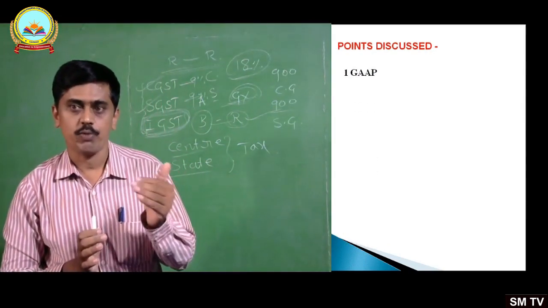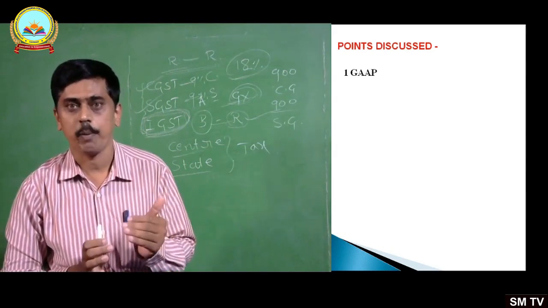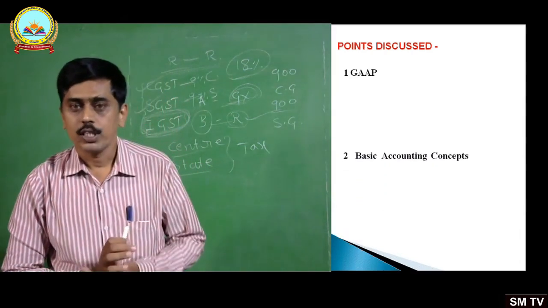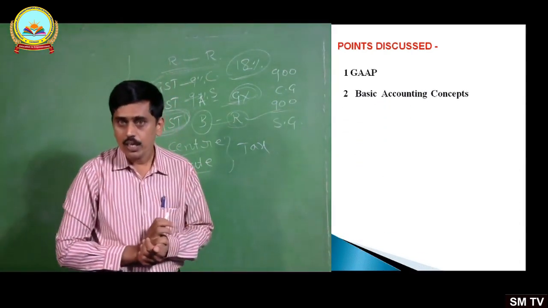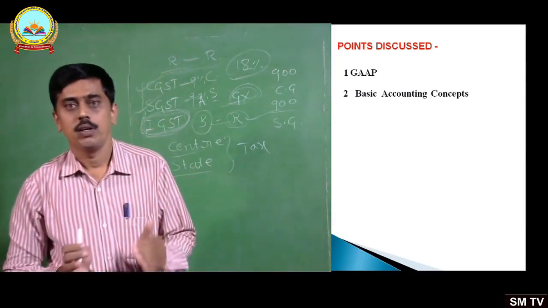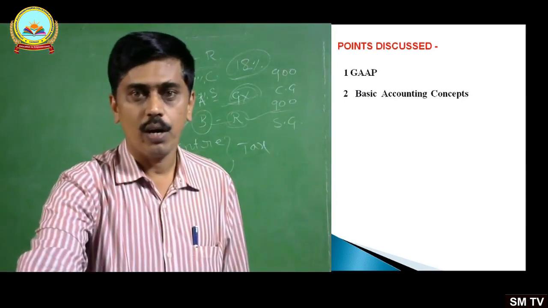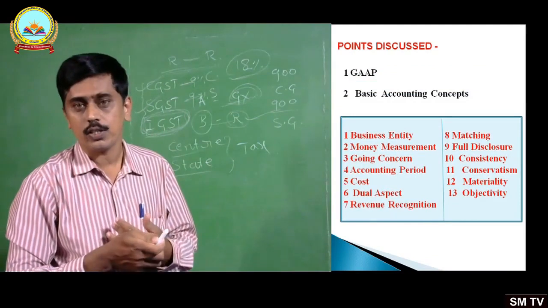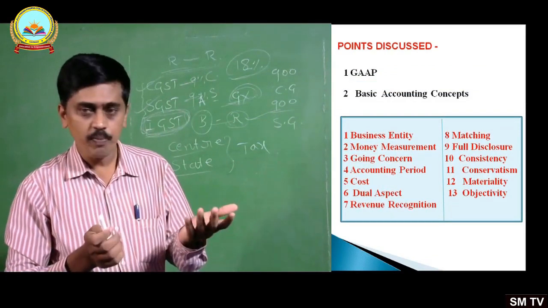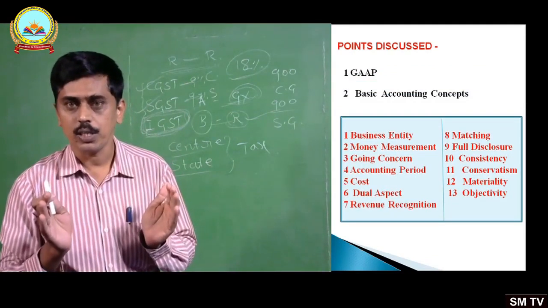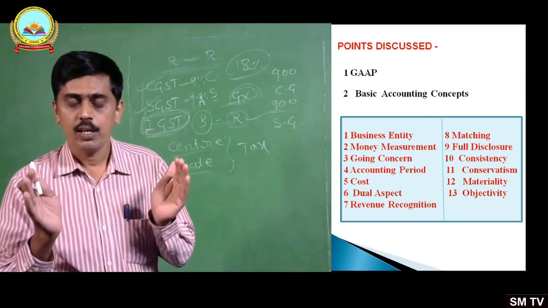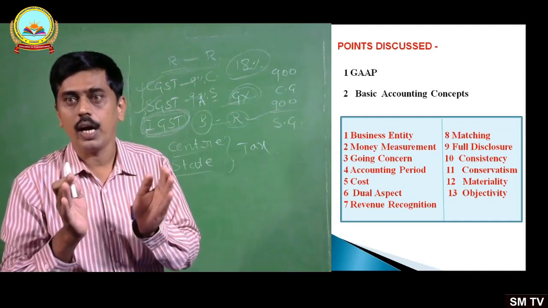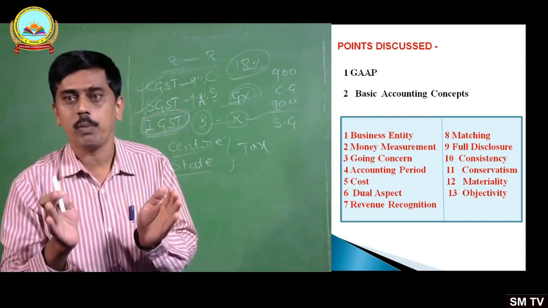Regarding theory base of accounting, we started with GAAP, and then we have discussed basic accounting concepts. We have already made discussion about 13 concepts, isn't it? Starting from business entity concept, which says that owner and business are two specifically identifiable business units.